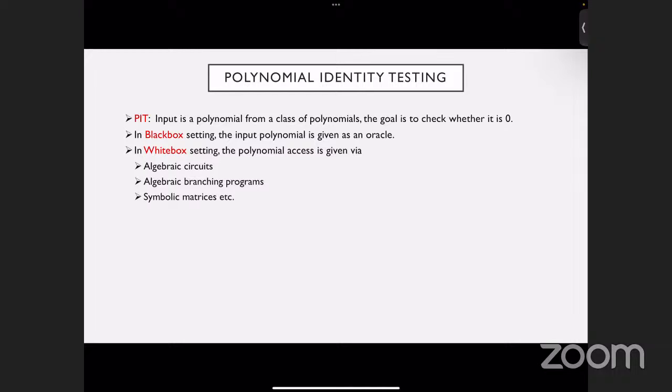For this talk, the input will be given via symbolic matrices. A symbolic matrix is a matrix that has linear forms as its entries, and its determinant is called a symbolic determinant. Since the entries are linear forms, the variables can be separated, and the matrix A can be written as a sum of variables times matrices whose entries are just elements over the field.